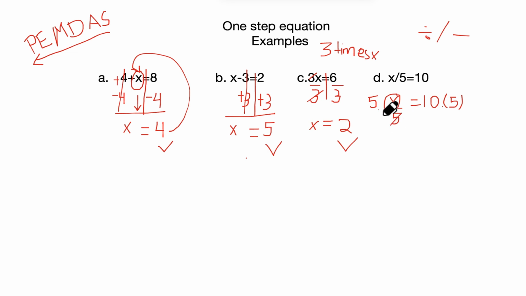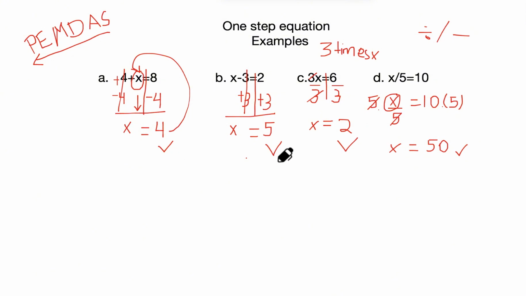Again, 5 goes into 5 one time. That gives me x equals 10 times 5, which is 50. Okay, so let's check our answer again. 50 divided by 5, is that equal to 10? Yes, it is. So I know 100% that my answer is correct.